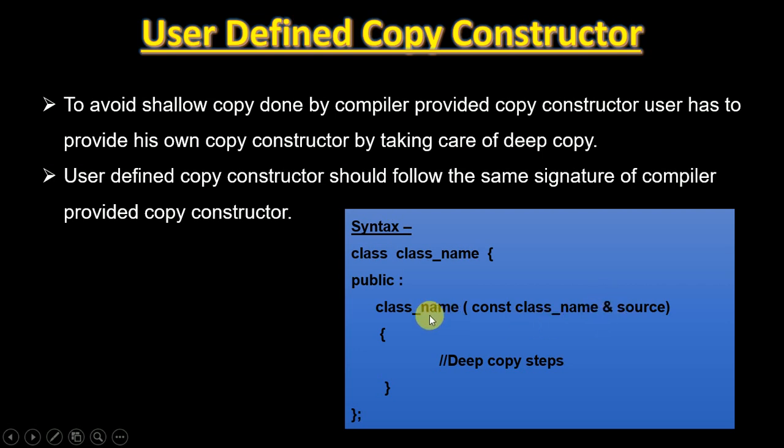This is the compiler provided copy constructor syntax, and if you write your own copy constructor, you have to follow the same syntax, then only the user defined copy constructor will be invoked.